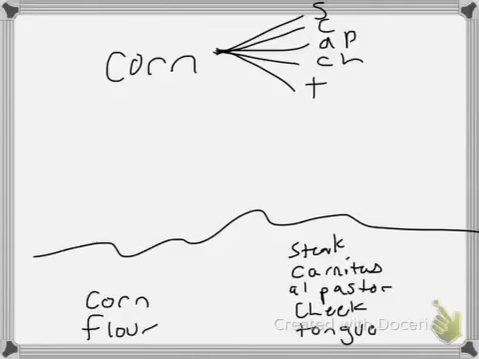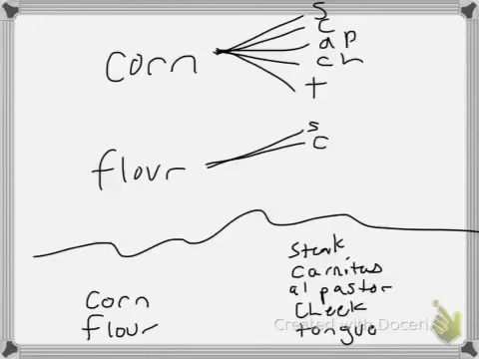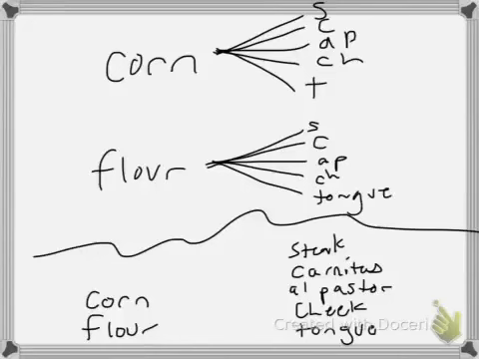Also, I could get a flour tortilla. And if I get a flour tortilla, I could get the same thing: steak, carnitas, al pastor, cheek, or tongue. When I make a visual like that, you can see how many different options I have.